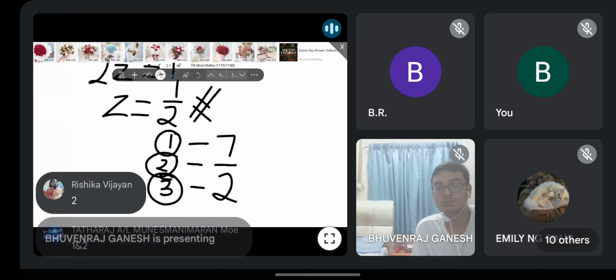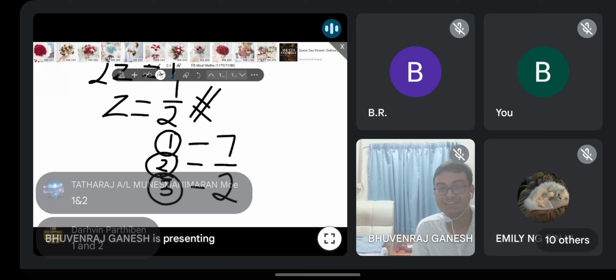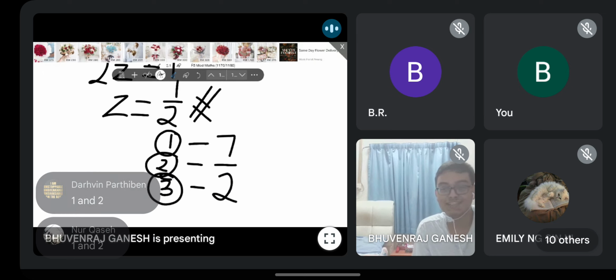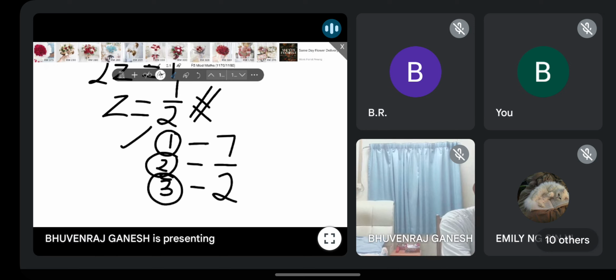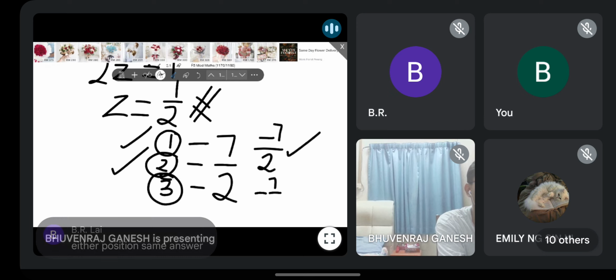Okay, some more? There are different answers here. Good, good. Majority say 1 and 2. Correct. Guys, remember, 1 and 2 is the correct answer, not only 2. You can write negative 7 over 2 like this, which is correct. You can write negative 7 over 2 like this, which is also correct.